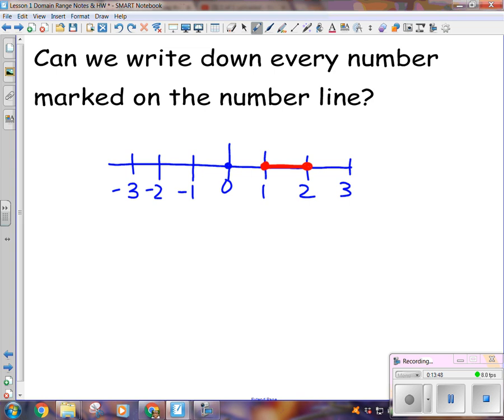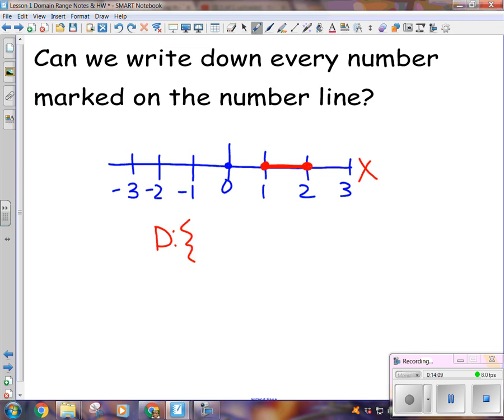Can we write down every number marked on the number line between 1 and 2? Is it easy to do that? This is the X direction, like the X axis. We're not looking at the Y, just at X right now. I would be talking about the domain.